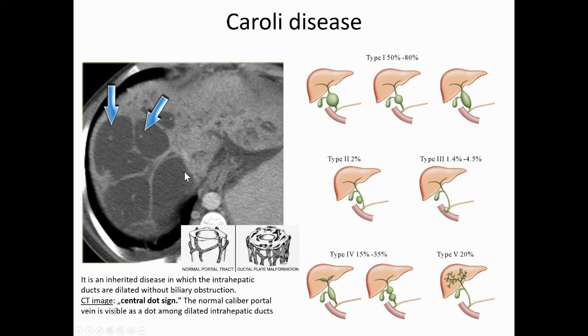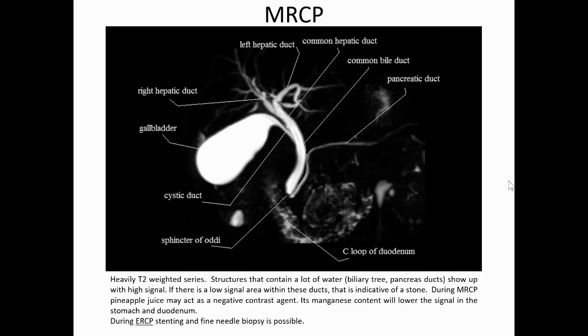And so at CT, you see the central dot sign in which the normal caliber portal vein, which is indicated by the blue arrow, is seen among the dilated intrahepatic ducts, and there is the classification of Caroli disease. So what you see on CT is probably the type 5 over here.